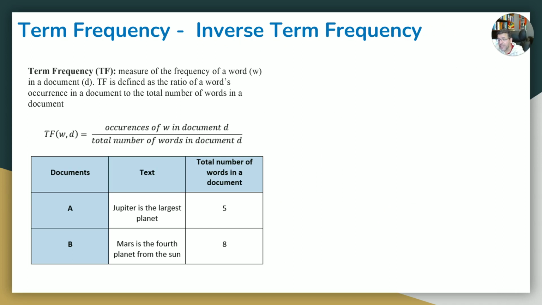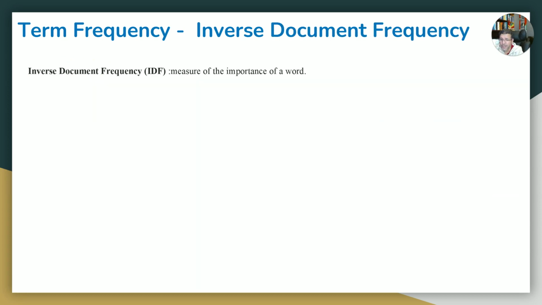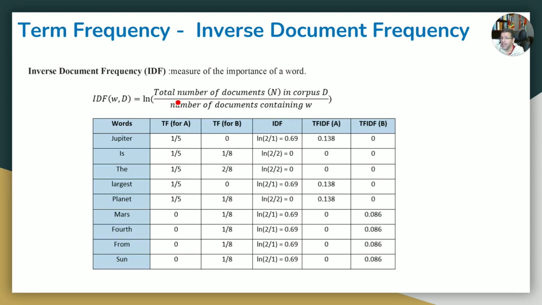So here is an example. This is the math. The term frequency is the occurrences of a word in a document D divided by the number of words in document D. Then the second part is IDF, which is the natural logarithm of the total number of documents N in corpus D divided by the number of documents containing the word.